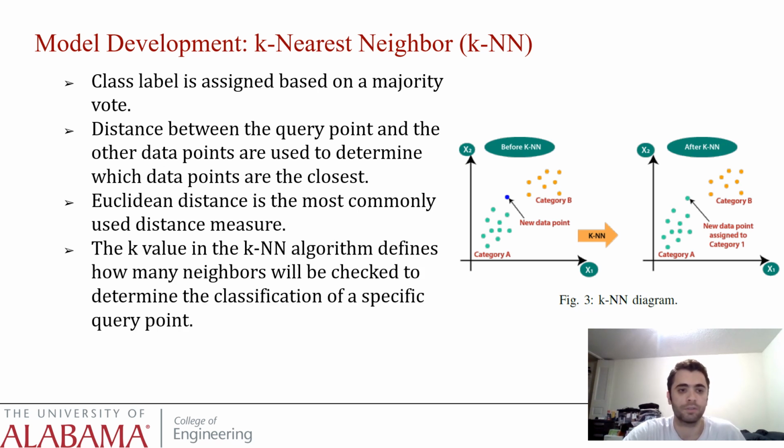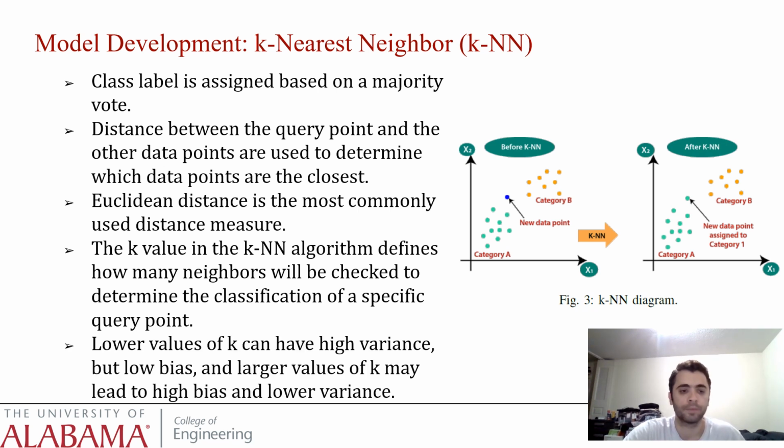The k-value in the KNN algorithm defines how many neighbors will be checked to determine the classification of a specific query point. For example, if k is equal to 3, it's going to check the 3 closest points and choose the most voted class.